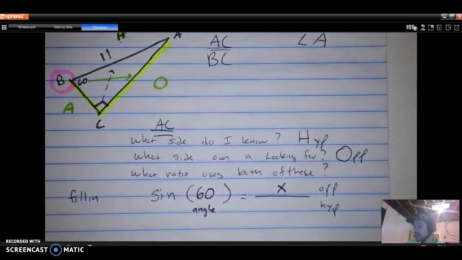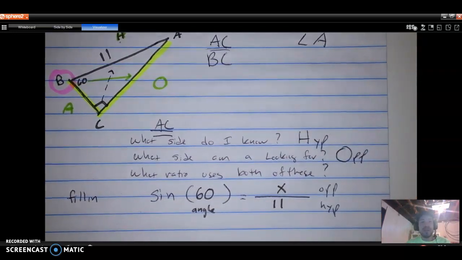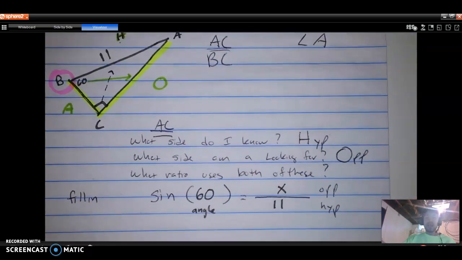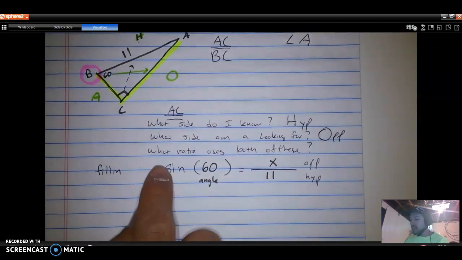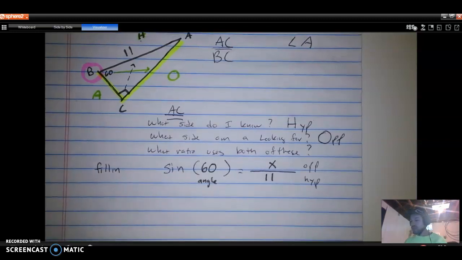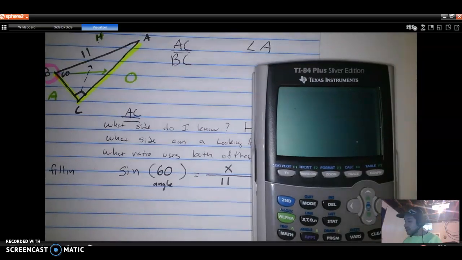I don't know what it is. And our hypotenuse is 11. We have filled in an equation. Now, the way I would recommend doing this is I like to find out what sine 60 is as a decimal first.